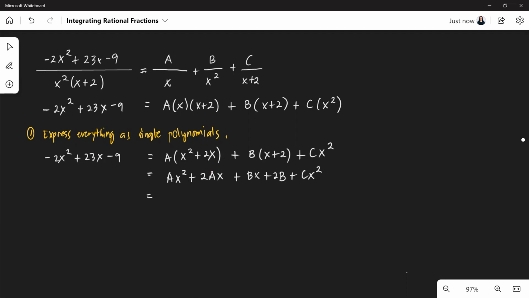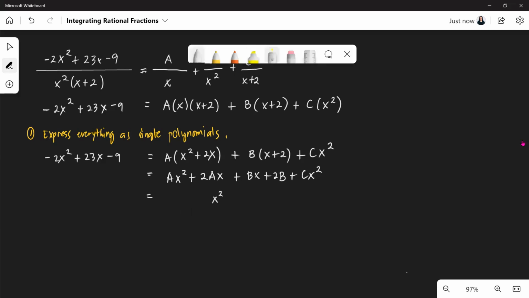So we combine similar terms. We start off with x squared. So we have two terms containing x squared.